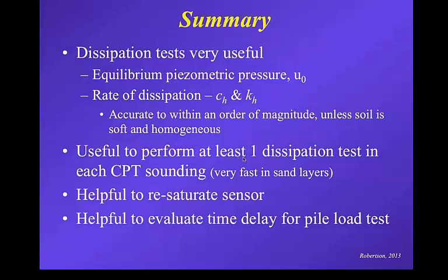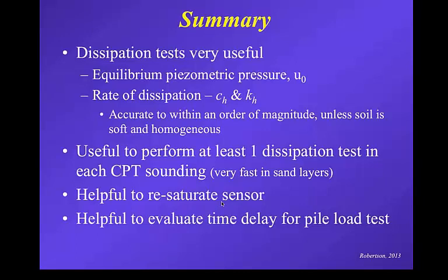And then you can actually convert that to permeability, although it does introduce an added level of uncertainty because you do have to estimate the one-dimensional constrained modulus to do that conversion. So there's sort of an added level of uncertainty added there. So that's why I say accurate to within an order of magnitude, unless the soil is soft and homogeneous, in which they fit the theories really quite well.